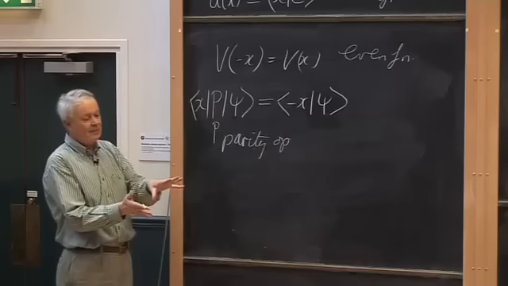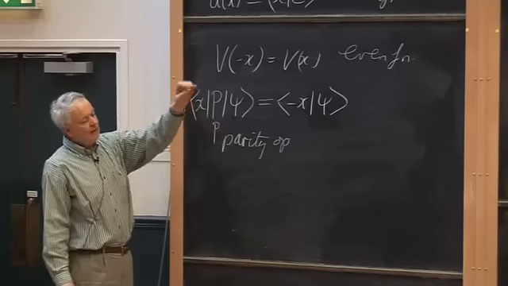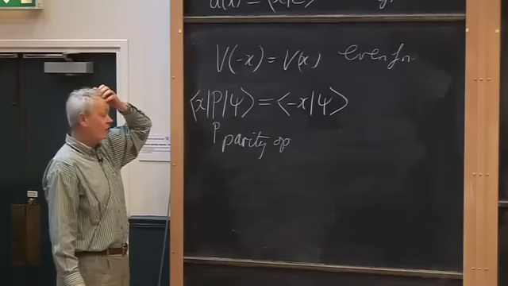So the parity operator makes a state which is the same as the state you first thought of, except that every point is reflected through the origin.